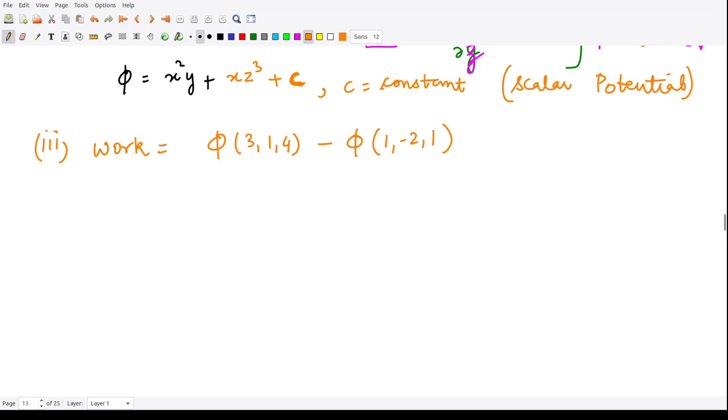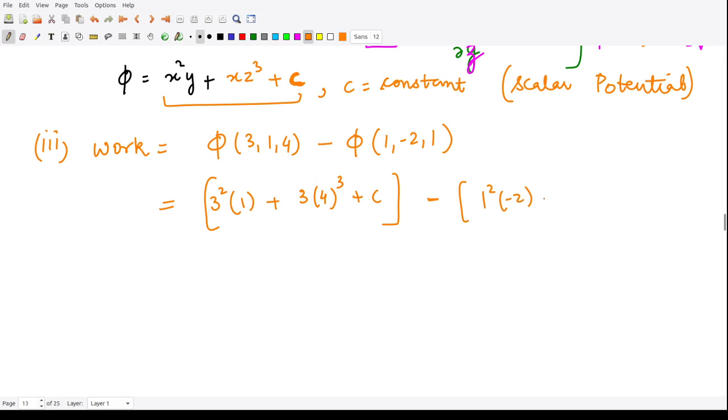Now you obtained this value of φ as this one. So when you substitute x as 3, you have 3² times the value of y as 1, plus 3 into 4³, plus c. This is for the first part. For the second part, it would be 1² into -2, plus 1 into 1³, plus c.